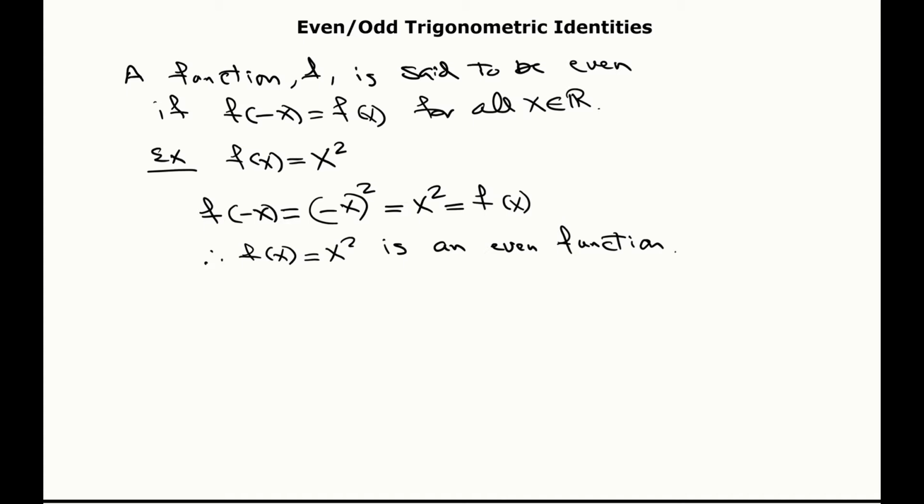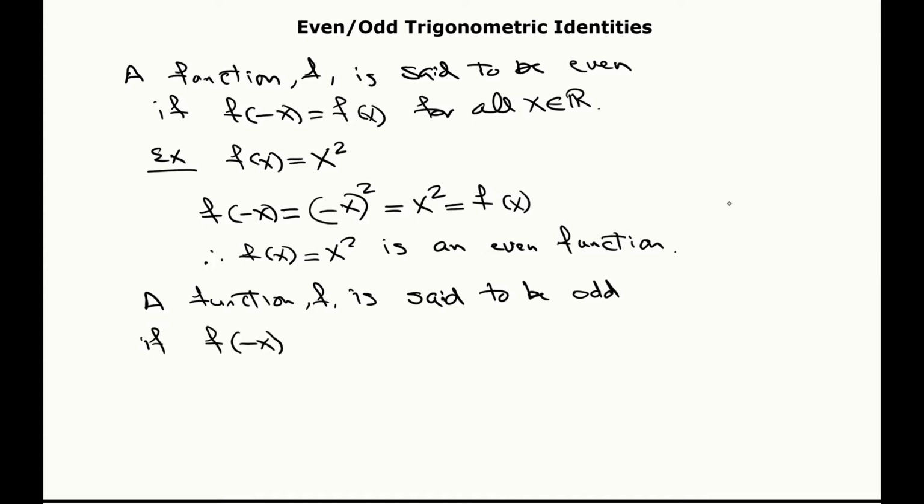Now, if we consider the other variety of functions, they're known as odd functions. So we say a function f is said to be odd if f of negative x equals negative f of x for all x belonging to the set of real numbers.